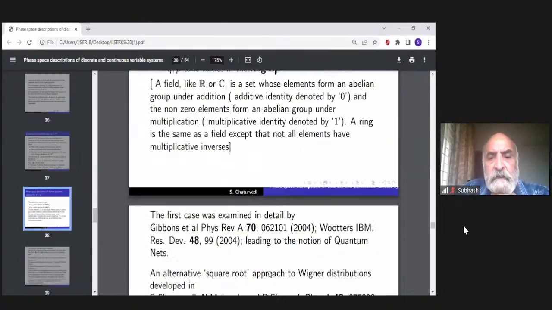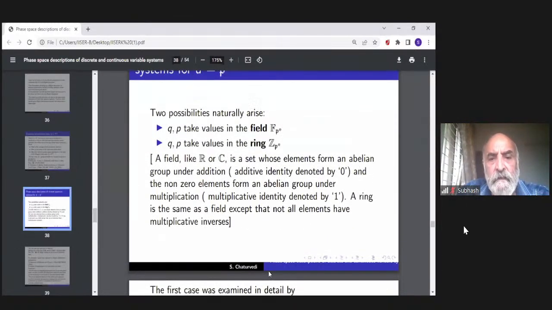The first case, in which, let me say that it suffices for any arbitrary dimension. It suffices to study phase space descriptions in which Q and P take values in the finite field P to the n, or take values in a ring.